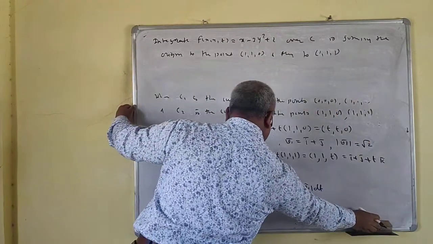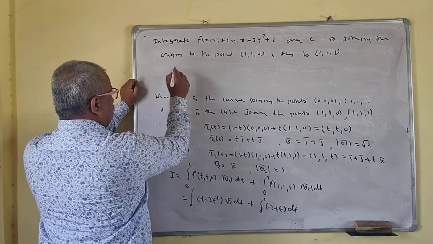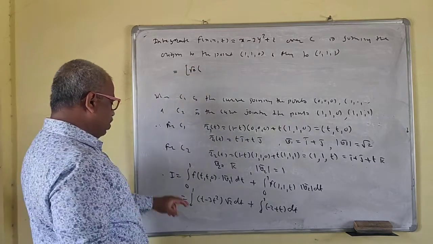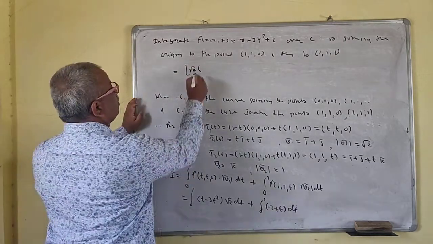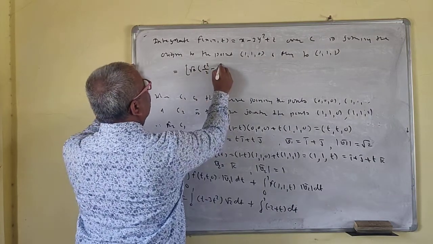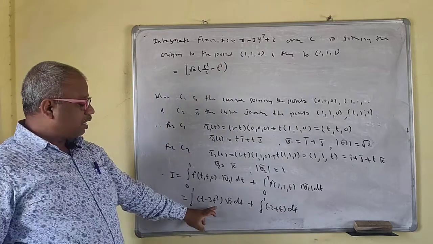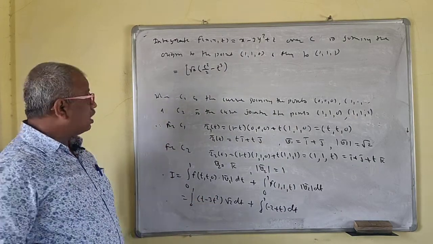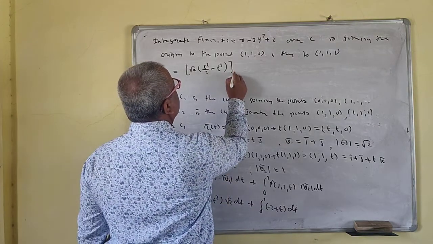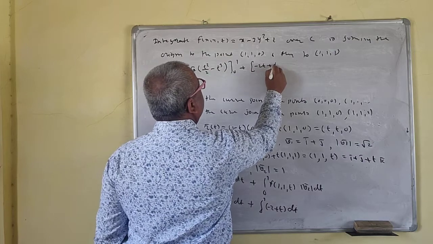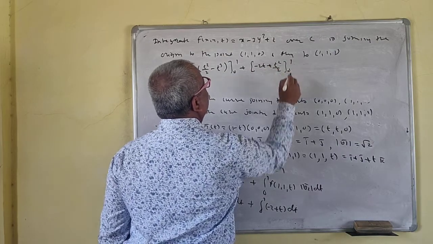So this is equal to root 2 times the integral, where the integral of t is t square by 2 minus t cube, since the integral of 3t square is 3t cube upon 3, and the 3 gets cancelled, from 0 to 1, plus minus 2t plus t square by 2, from 0 to 1.